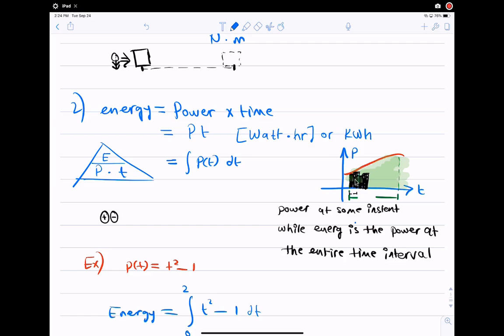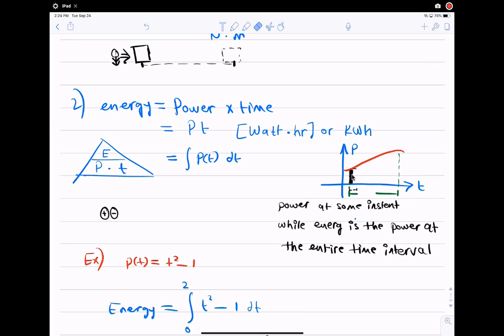The power is only one of those instants. The power is the watts that each machine uses to work at some instant. But if we take the entire interval, then we're talking about multiplying power times time, which is energy.